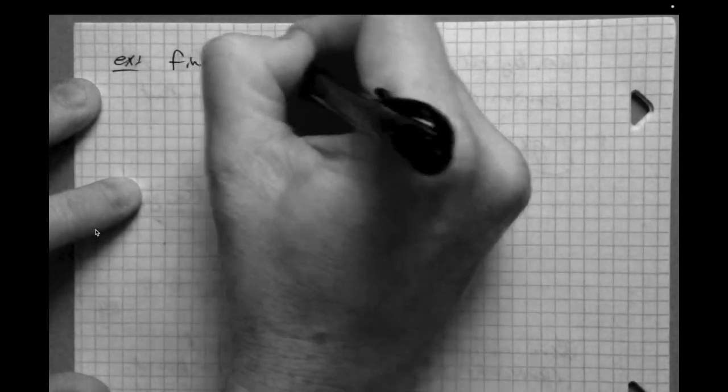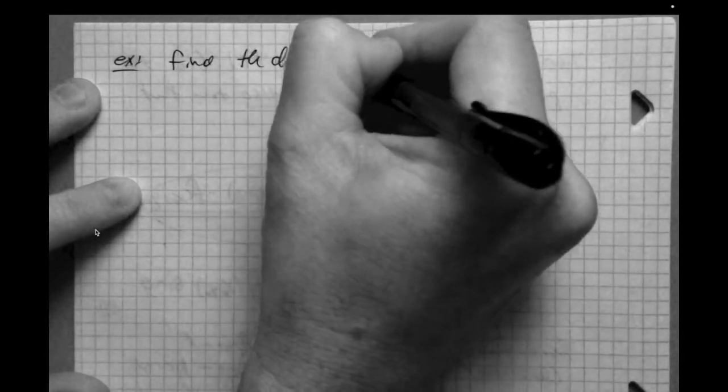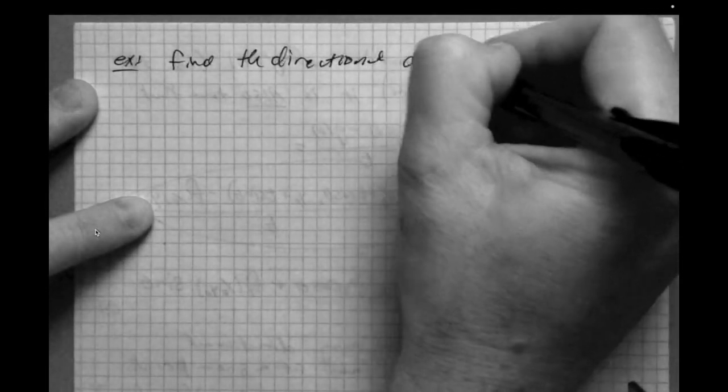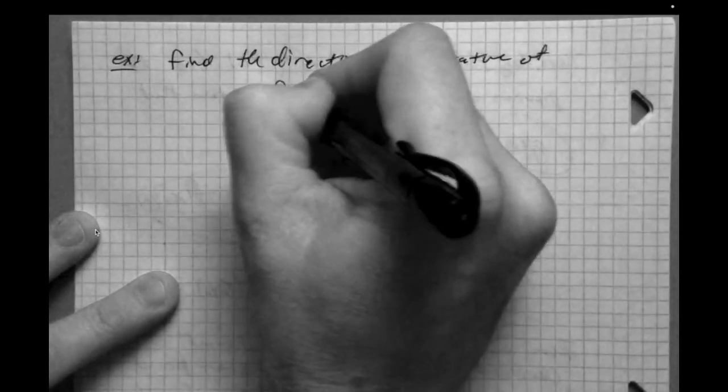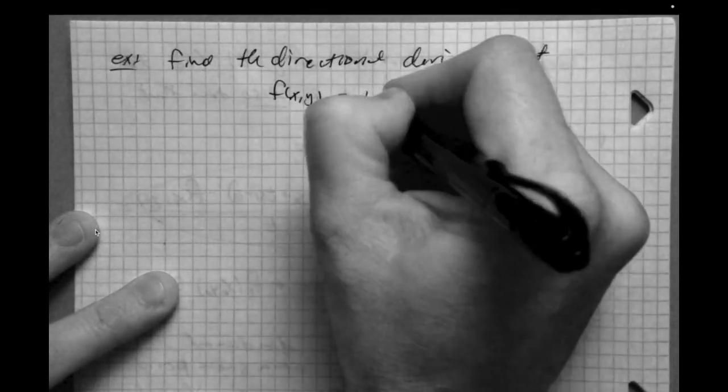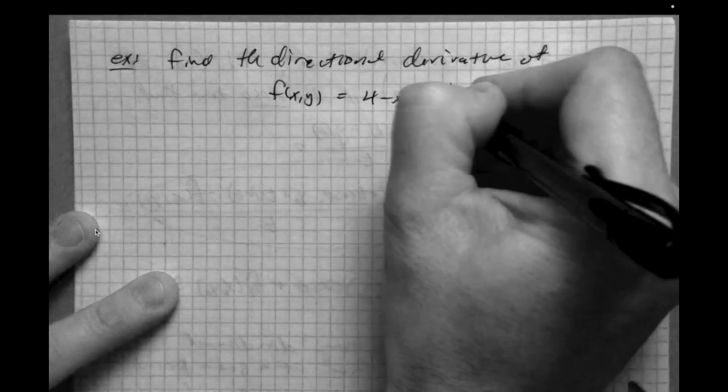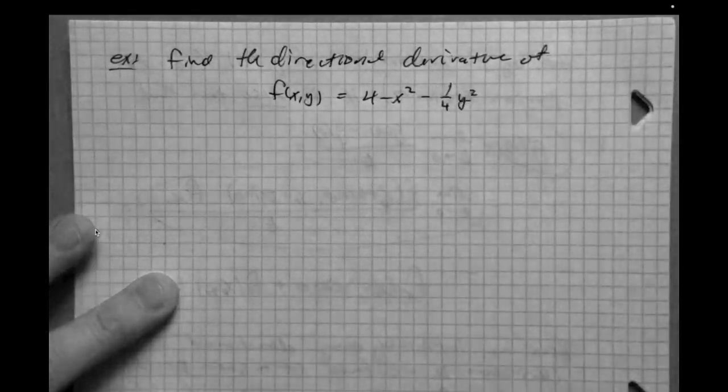Okay, so let's find the directional derivative of f(x,y) equals 4 minus x squared minus 1/4 y squared.